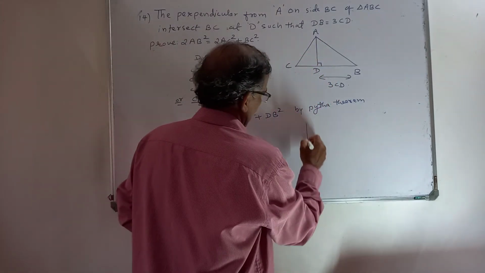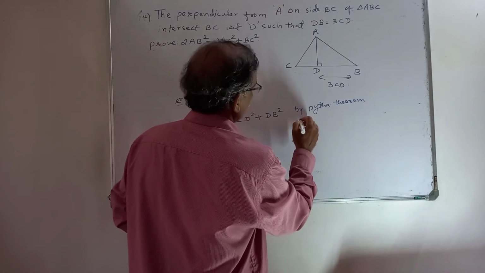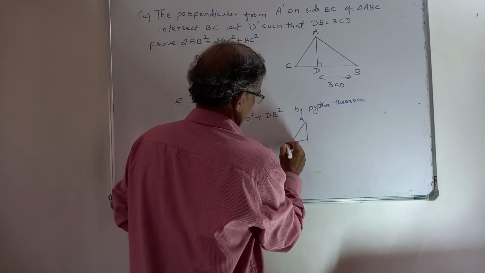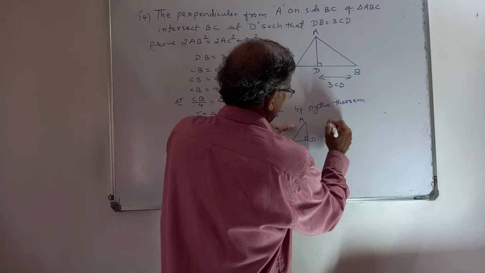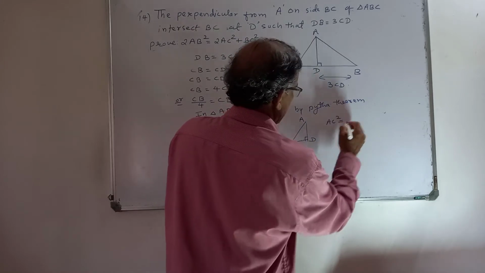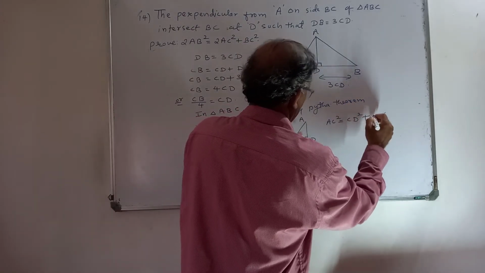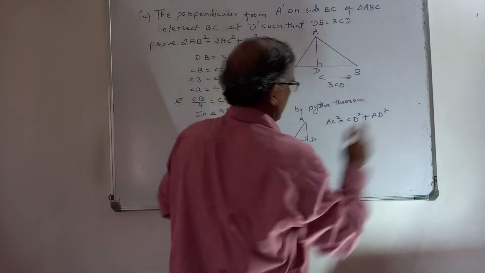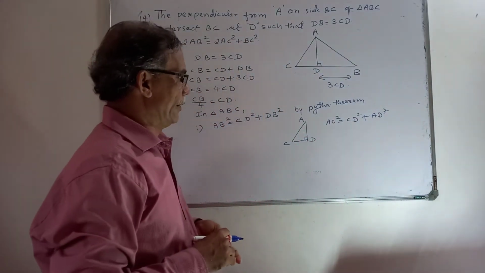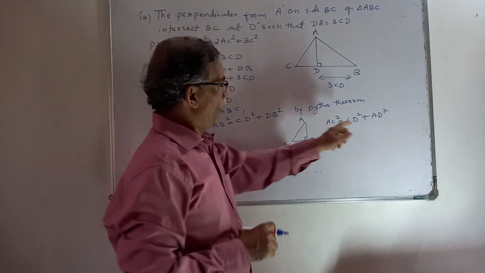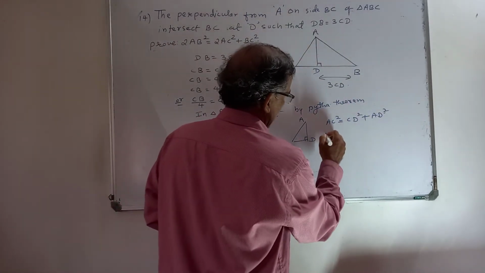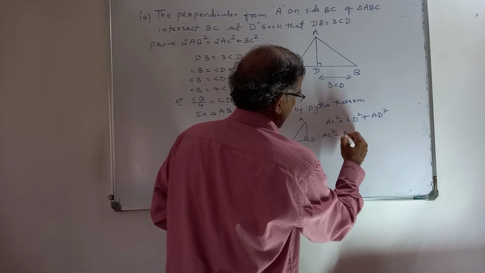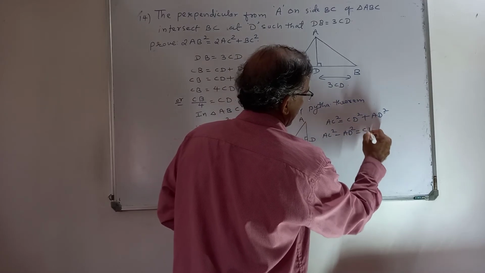Using Pythagoras theorem in triangle ACD, AC square is equal to CD square plus AD square. Yesterday we have seen this. So if we want CD square, AD square will be minus here: AC square minus AD square is equal to CD square.